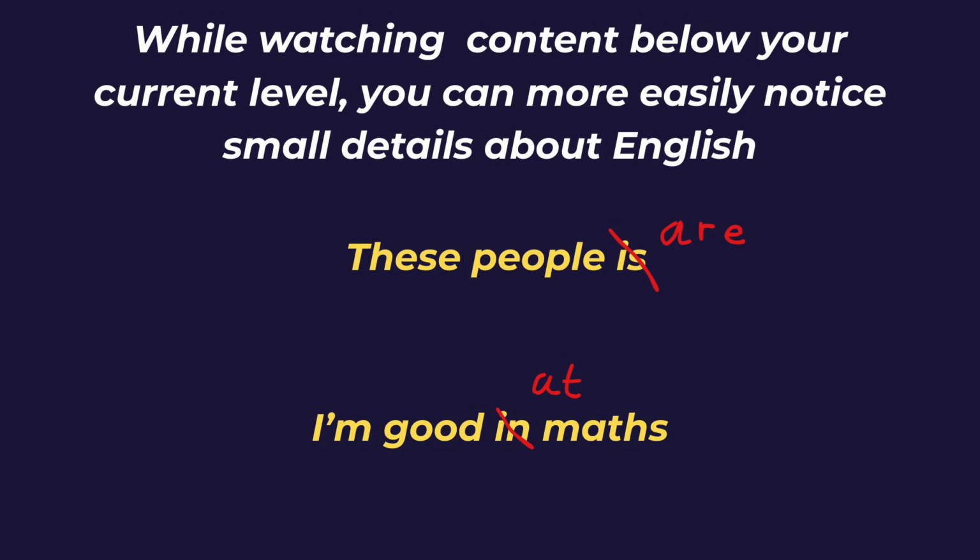Or you may notice that you should say "I'm good at maths" and not "I'm good in maths." When you listen to really easy content, it's a good time to notice little things like this, like little prepositions. Should it be in, on, at, or by?